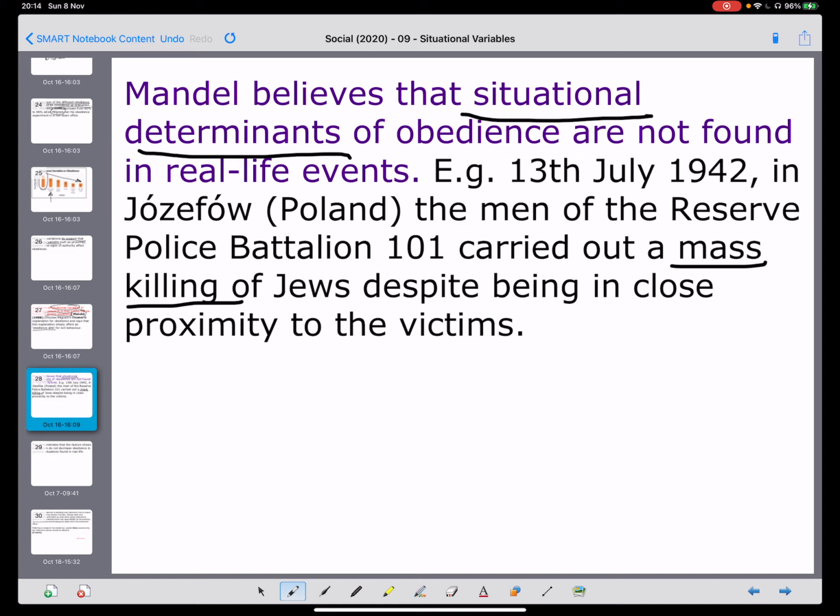What we find in this particular place in Josefa was that the people who were carrying out the executions were actually friends and potentially family with the Jews. It was a small town in Poland that was mixed Jewish and Polish.